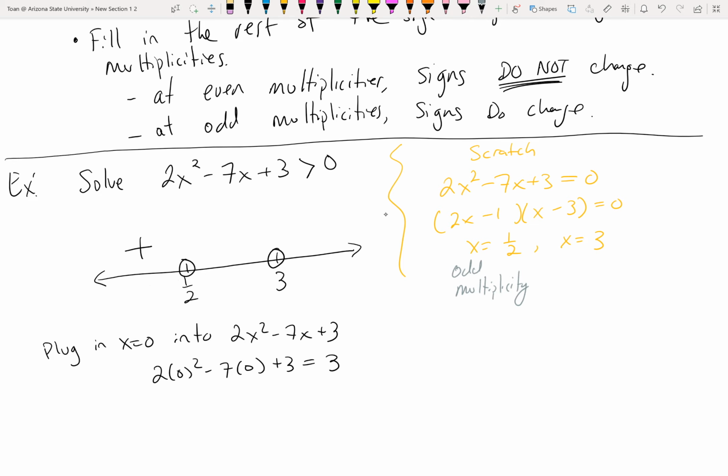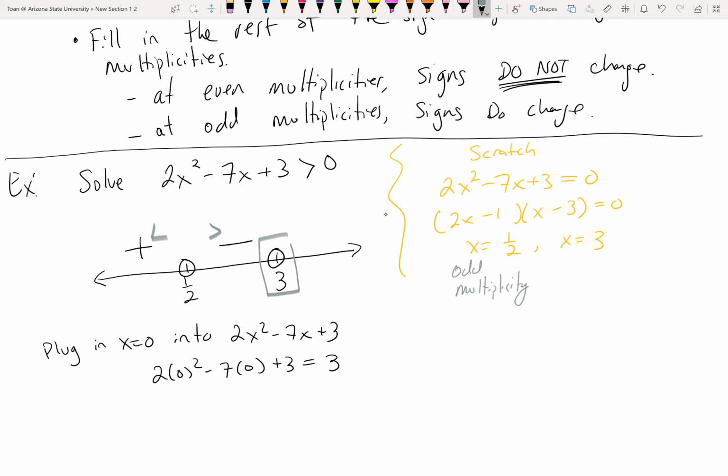It means across the x-intercept, the signs will change. Let's take a look at the 1/2 on our sign diagram. See to the left, it's positive. Well, because 1/2 has an odd multiplicity, to the right, it is going to be negative because the signs need to change. Let's see that in action with the next x-intercept.